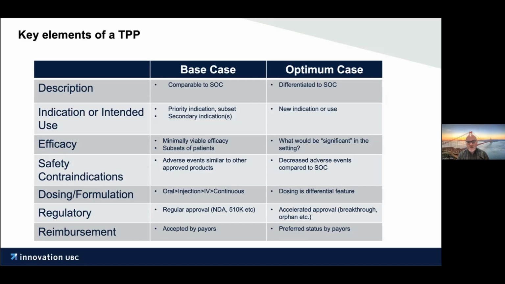And then the regulatory side of things. So what does approval look like? Is there an opportunity for accelerated approval, including breakthrough therapy designation, orphan designation, and pediatric designation, which is another thing that's been very successfully utilized by small biotechs.